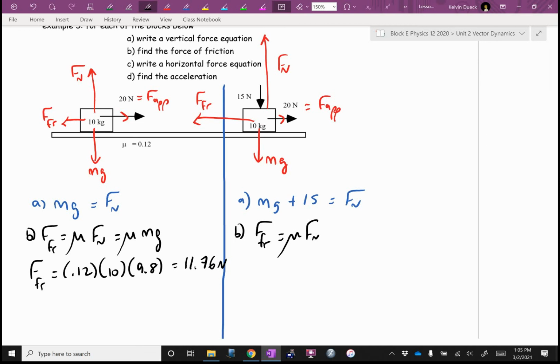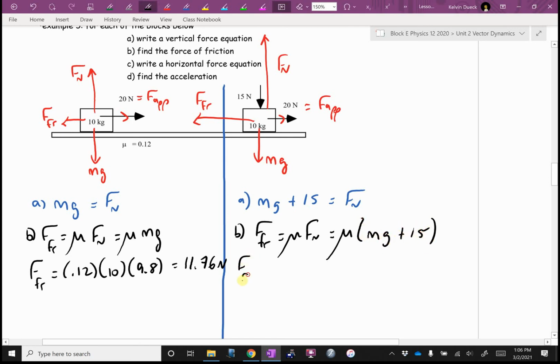What about B on the right-hand side? Well, again, it's going to be mu times the normal force. I don't know the normal force. Or wait a minute, Percy, do I? What can I replace the normal force with now? In brackets, mg plus 15.